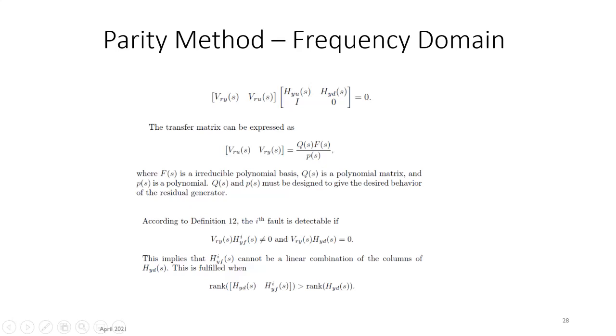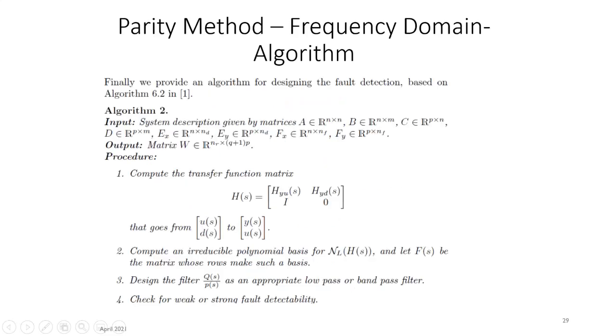F is the part that makes sure that this matrix is in the null space of that matrix, but still we can change Q and P to have a desired frequency response. Okay, so here is some condition just to check whether or not the system is detectable, but I prefer to go forward. I show you the algorithm, and when it comes to the example, I will try to clarify what I meant when I said that we use those degrees of freedom.